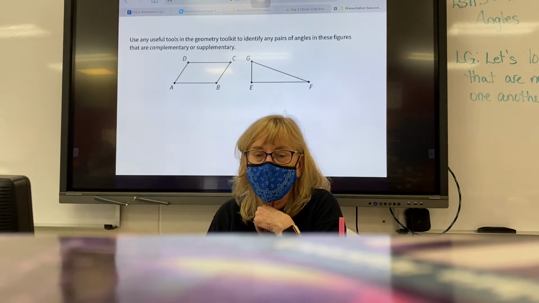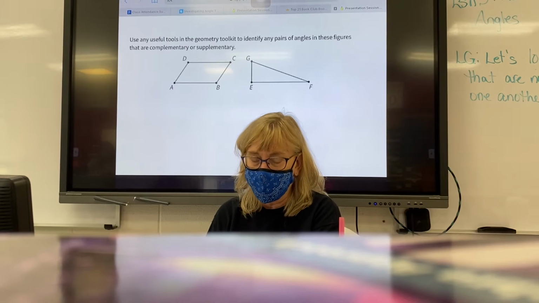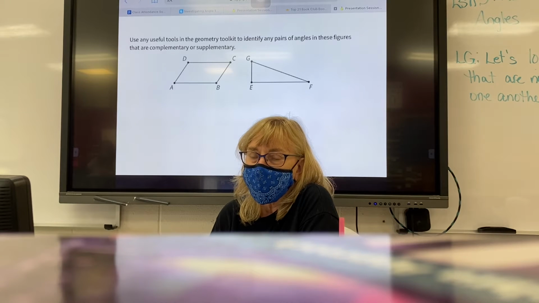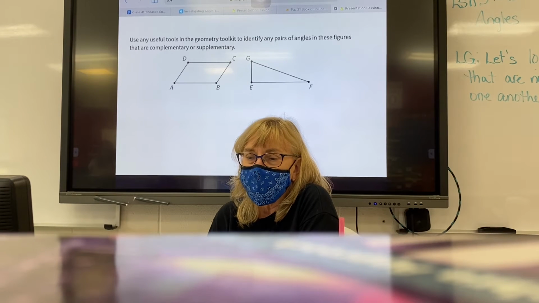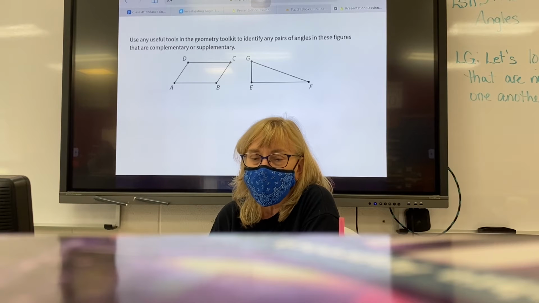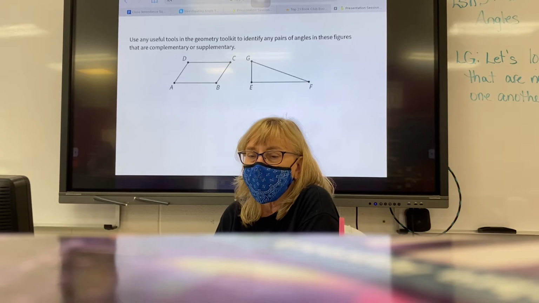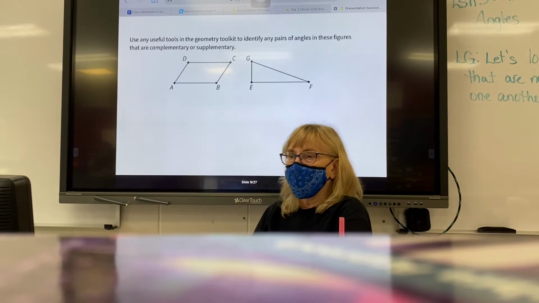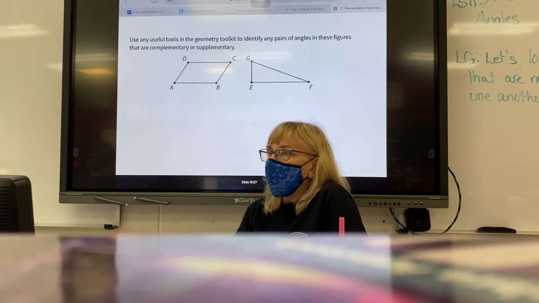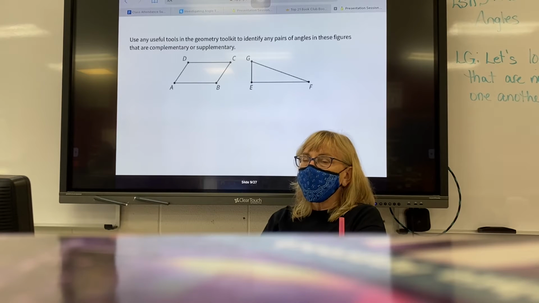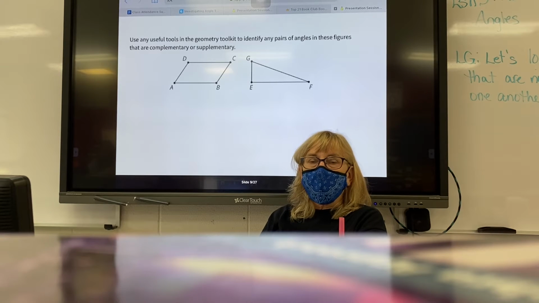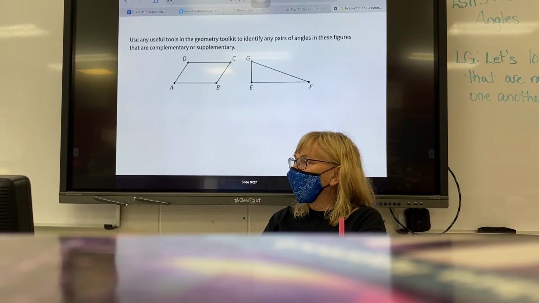So what I want you to do is spend 2 minutes using any of your tools in your toolkit to identify any pair of angles in these figures that are complementary or supplementary. So let's start with supplementary. Find me a pair of supplementary angles. Go. That's all I want to know right now. Think about what tool you are going to use to figure that out.